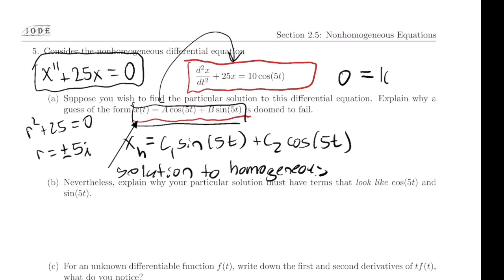And on the right side, we would have 10 times the cosine of 5t. So there's no way that that would work out. This is why this is doomed to fail.